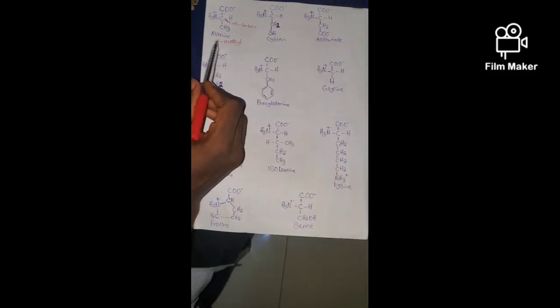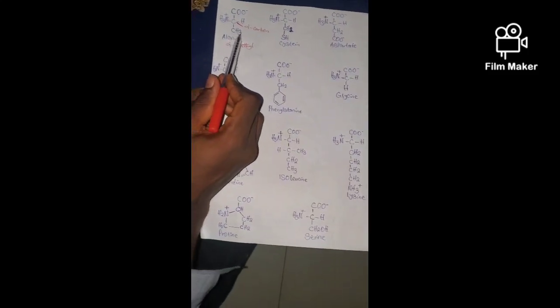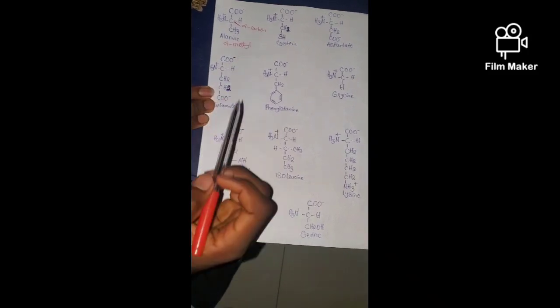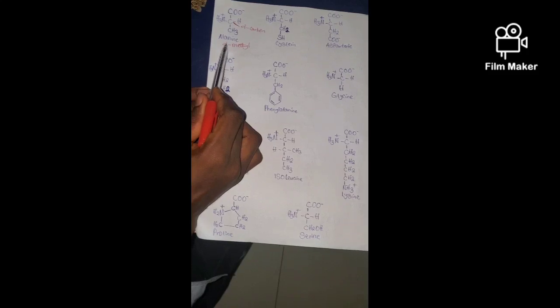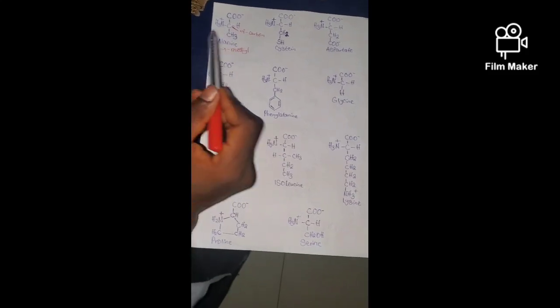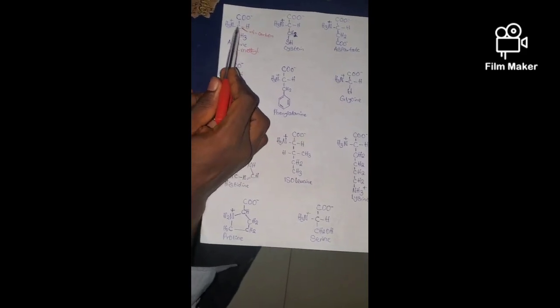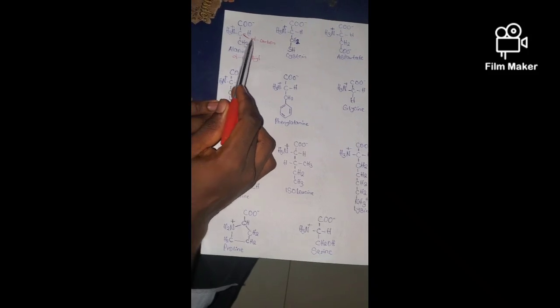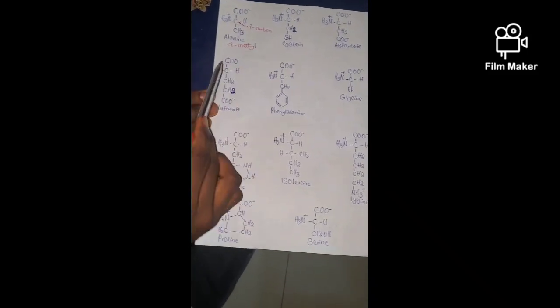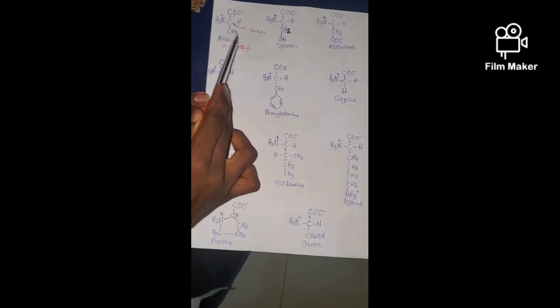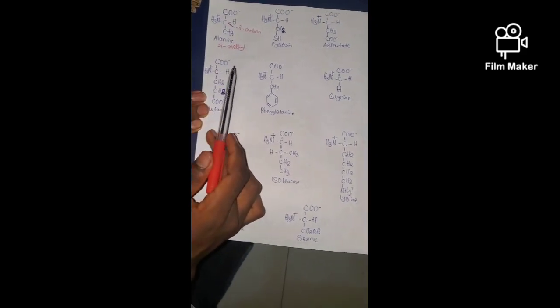You know, from our organic chemistry, CH3 is called the methyl. So we can just say alpha methyl. When we say alpha, we have the alpha carbon and we have the CH3 attached to the alpha carbon. So with this abbreviation, you easily recall the structure of alanine. Okay, all right, let's proceed.